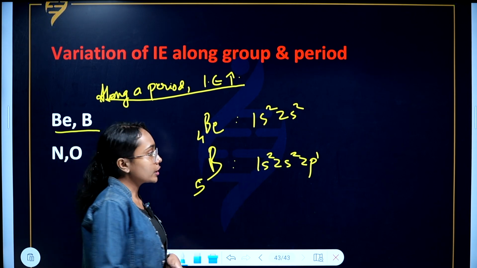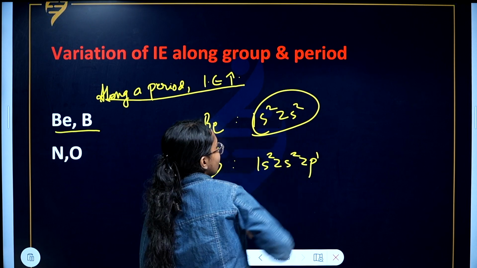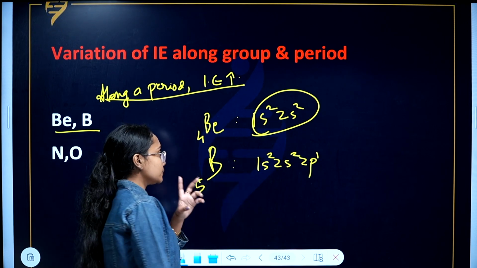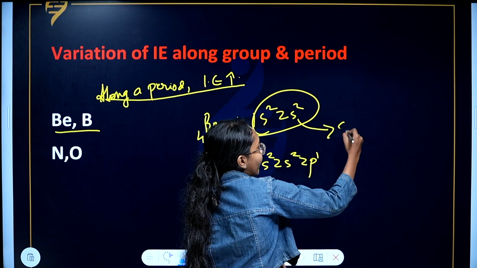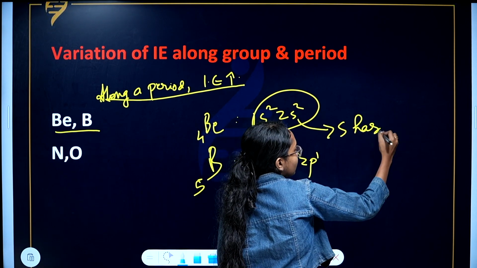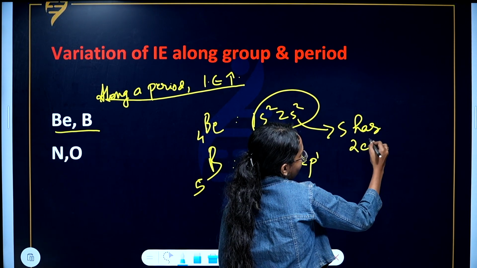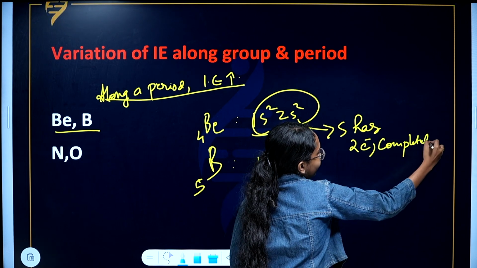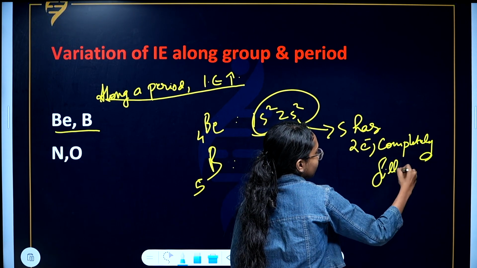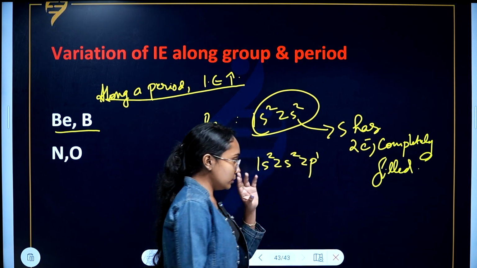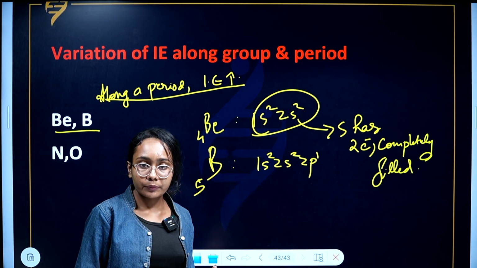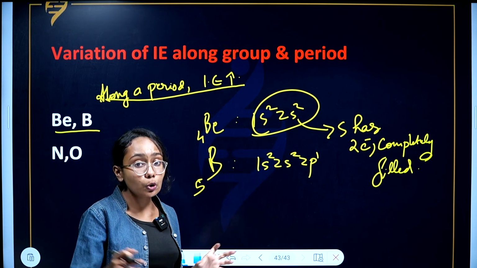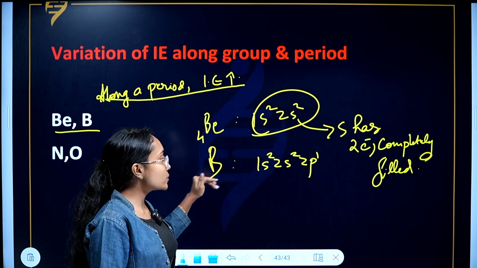Of course, beryllium has the stable outermost electronic configuration, because the s subshell has 2 electrons, which means completely filled. Completely filled and half filled electronic configurations are more stable. So beryllium is more stable than boron.